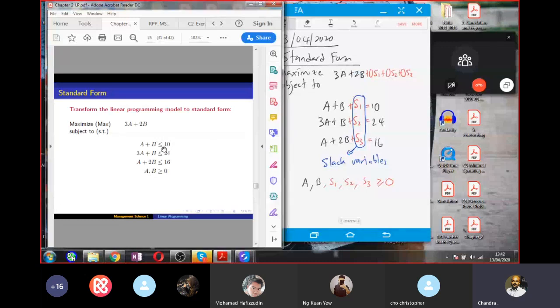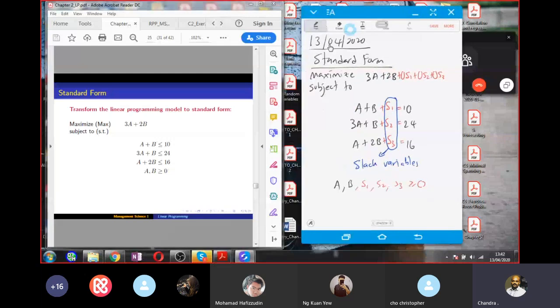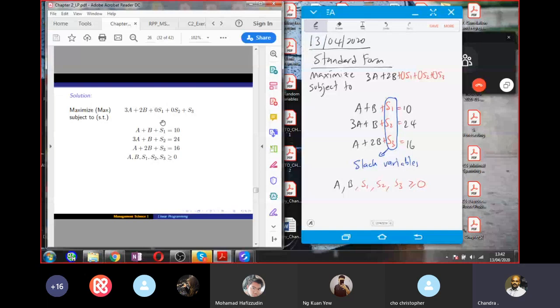The answer is also given here in my slide. I will later share this slide in the group. You can see, all you have to do is plus S1, S2, S3, and then change according to whatever we have done just now. Okay, this is standard form.